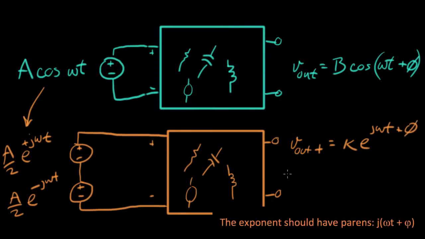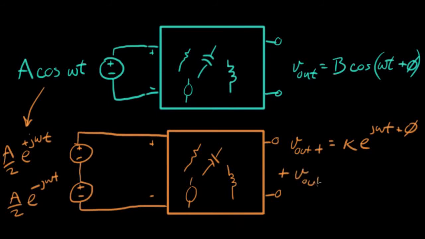And then I'm going to solve it again. I'm going to add to that V out minus, and I do that by suppressing this input and turning this one back on using superposition. And the V out for this source here is going to equal some other K, let's call that K minus, e to the minus j omega t plus phi.